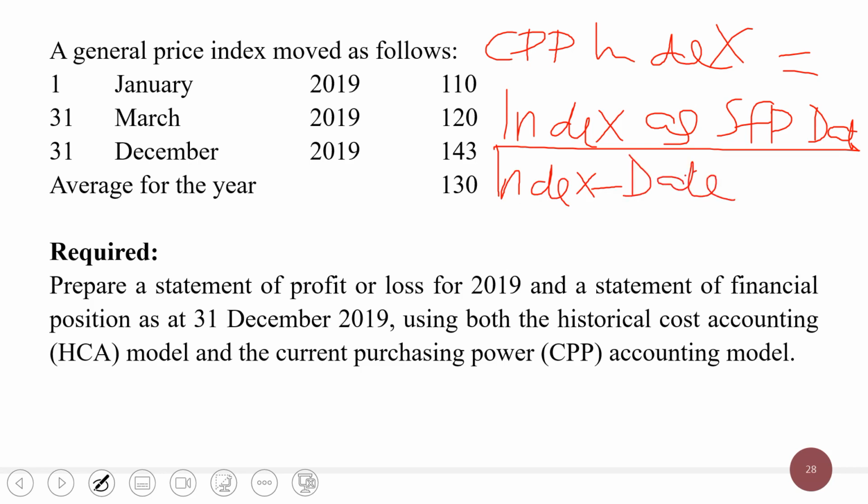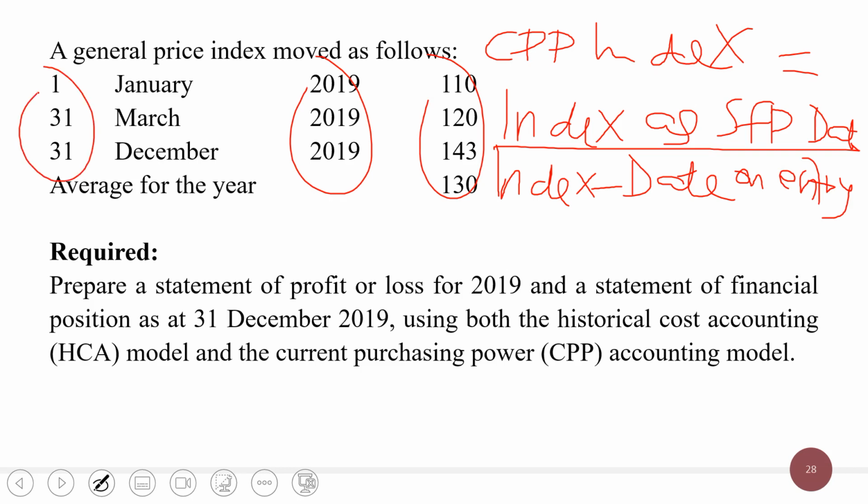Date of entry, and here we mean entry into the financial statement. That's why we have the different dates for you. So you have to identify that. So that's what we are going to use in computing our current purchasing units. All right.